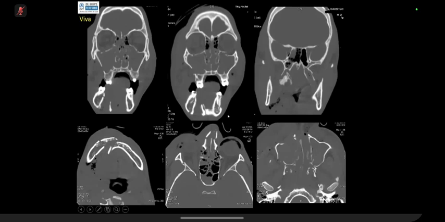There is a fracture of the anterior wall of the right maxillary sinus, bilateral nasal bones, and a comminuted fracture of the symphysis menti. There is some diastasis of the right frontozygomatic suture, with haemosinuses involving the bilateral maxillary, ethmoid, and sphenoid sinuses. So this is likely suggestive of a Lefort fracture, and the type is likely 2.